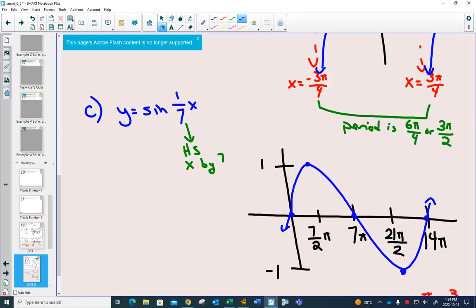So our shortcuts here are making things quicker. First shortcut we learned was the amplitude. Second shortcut we learned is that any horizontal stretch or compression will change the period. In this one, right, how long does it take to repeat itself? Period is 14 pi.